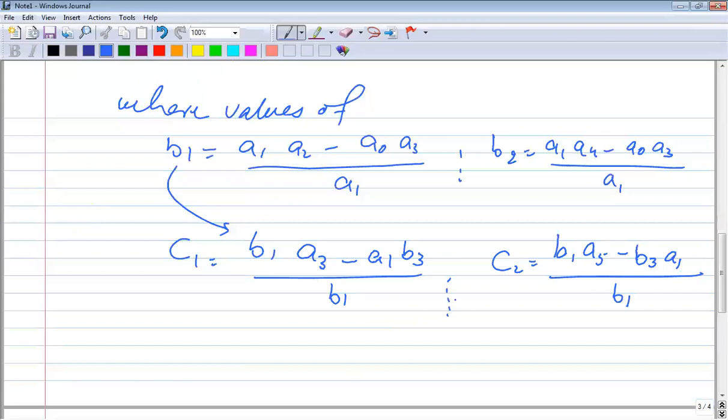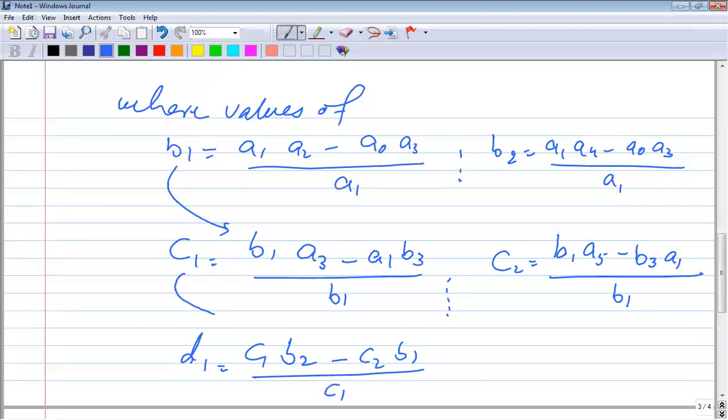And then I have the values of d. d is again dependent on c1 and b1. d1 is equal to c1 b2 minus c2 b1 upon c1.